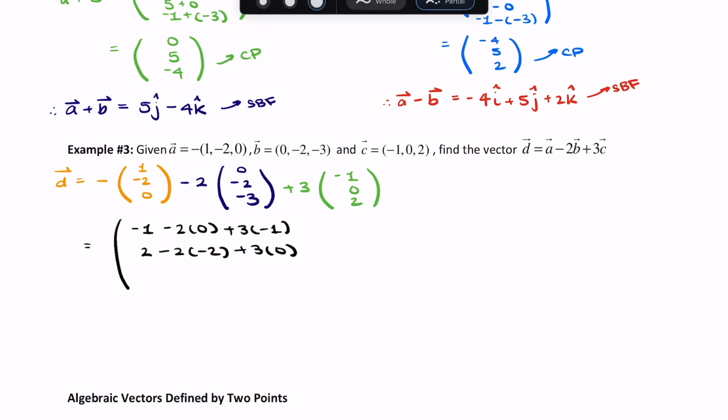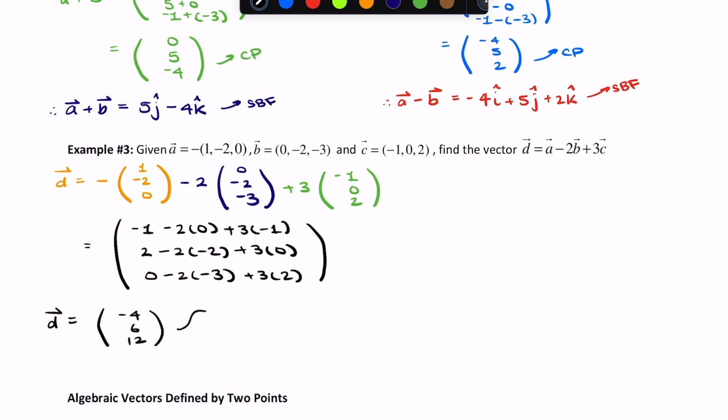And finally, for our z values, 0 minus 2 times -3 plus 3 times 2. And so here, vector d will be equal to -4, 6, and 12. And that's in component form.